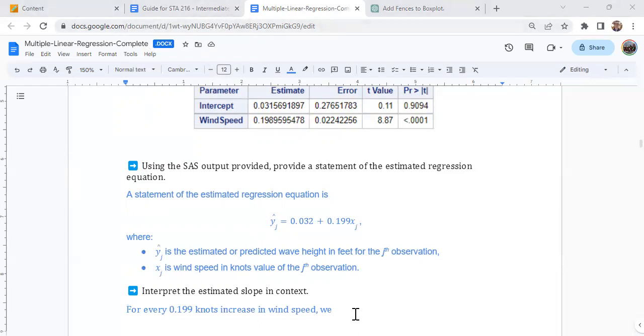And then important phrasing is to include saying we expect.